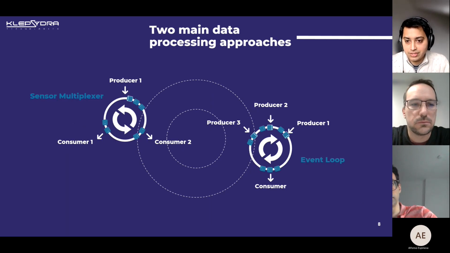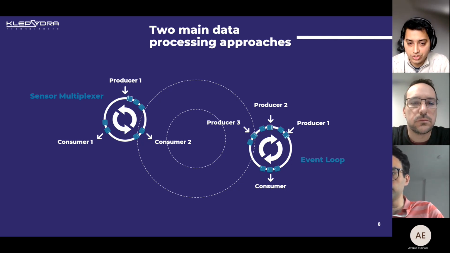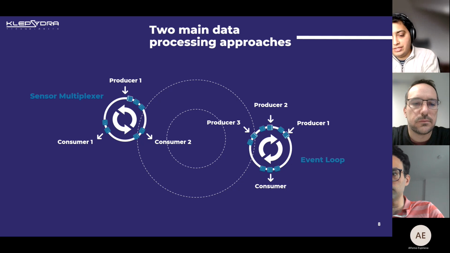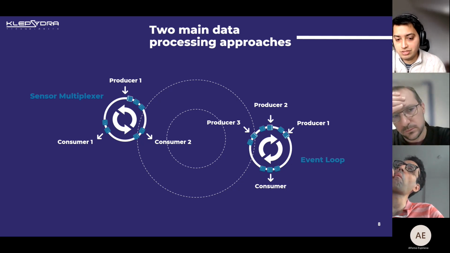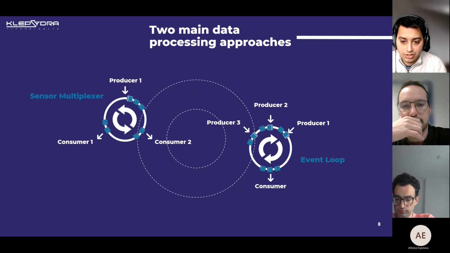So like I said, there are 2 main ways of processing your data. One, on the left, is the data multiplexer, which is a single producer producing events, and then you're taking action on this event with different consumers. The other one is the high performance event loop.